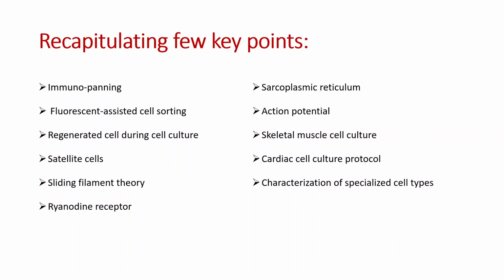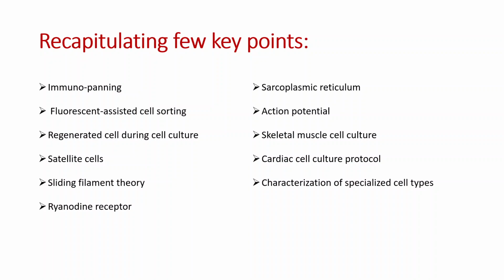As for the cardiomyocytes, they are mainly isolated and cultured from neonatal mice or rats, or they could also be obtained from adult mice or rats. However, depending upon the source, that is where we are getting our cells from, whether adult, neonatal or fetal rats, each has its own advantages and disadvantages.